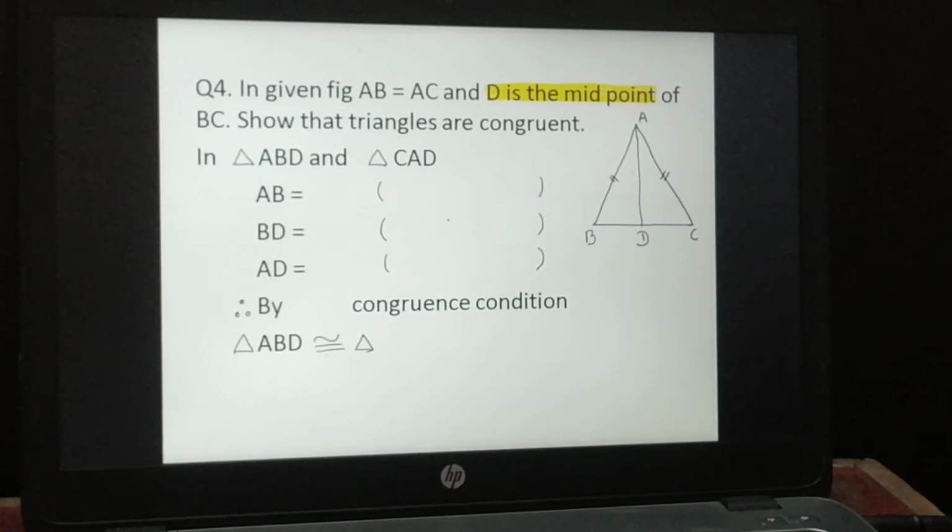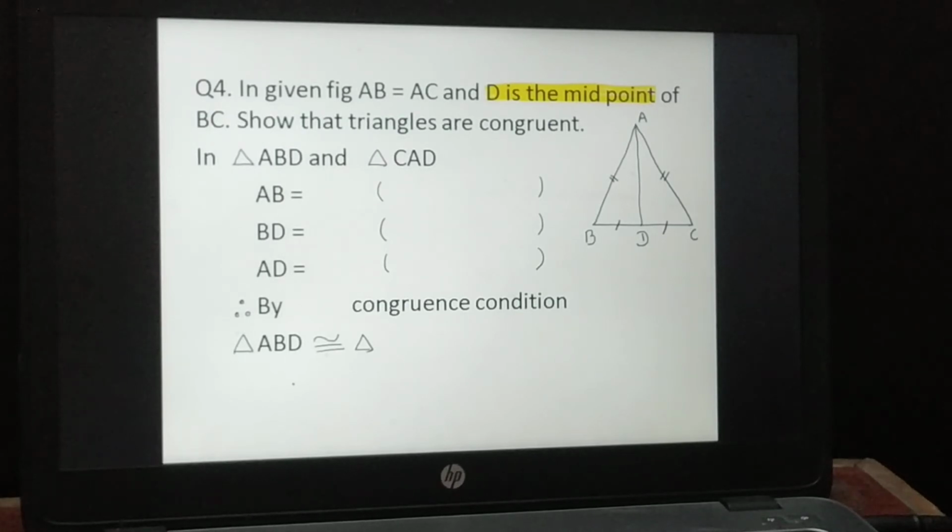Now the next question is question number 4. What is given? AB is equal to AC. Two sides are equal, which means the triangle will be an isosceles triangle. So I have drawn here one isosceles triangle, and AB is equal to AC. I have marked here D as the midpoint. What is the meaning of D is midpoint? This BD is equal to DC.